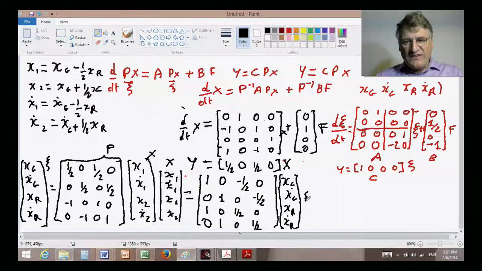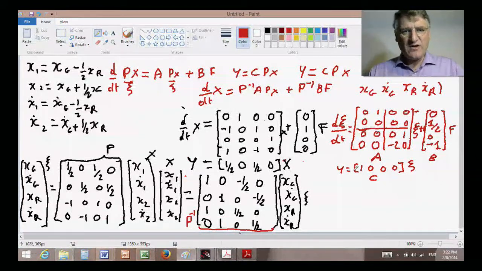That, of course, is C. If this is the matrix that transforms you from X to C, that matrix is the one that transforms from C to X. That matrix must be P inverse. I am talking about that matrix here.